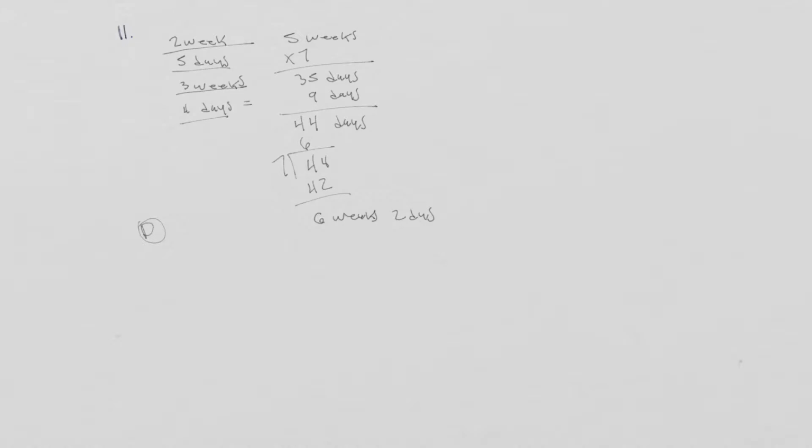Okay, number 12. 2 feet, 4 inches, minus 1 foot, 6 inches. So what I'm going to do first is convert the feet into inches, because you want to do it all in inches. There's 12 inches in 1 foot.